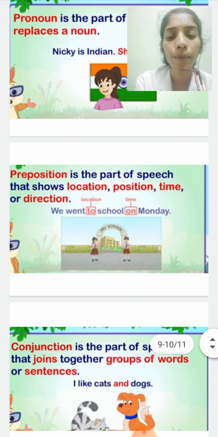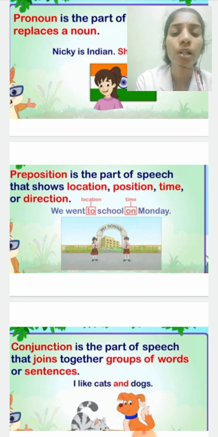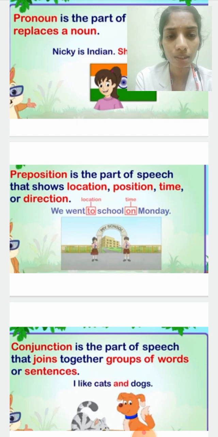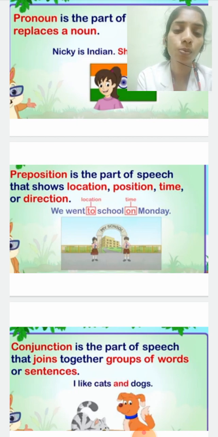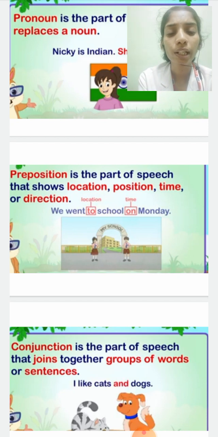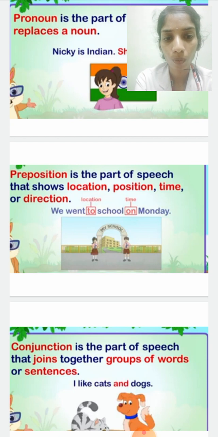So what is the preposition? It is a part of speech that shows a location, position, time or direction, whatever it may be. We went to school on Monday. It gives a connection between the noun and the object.